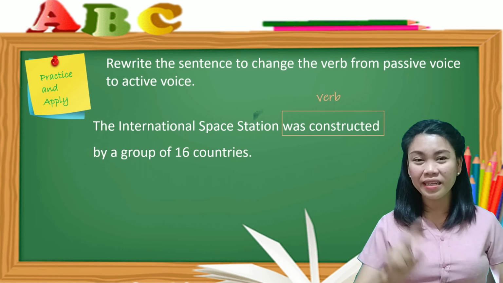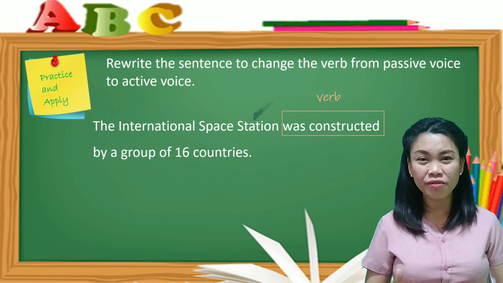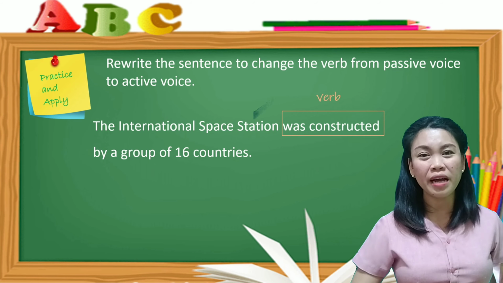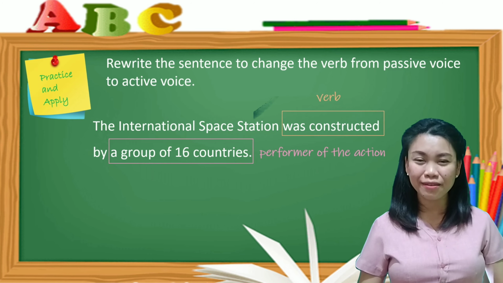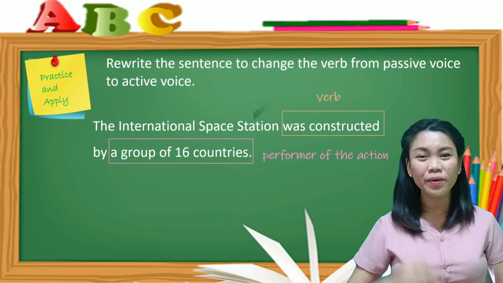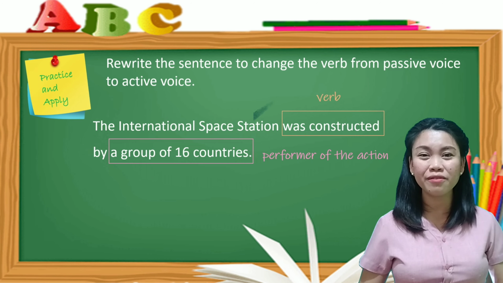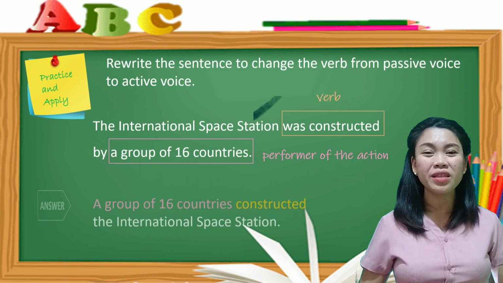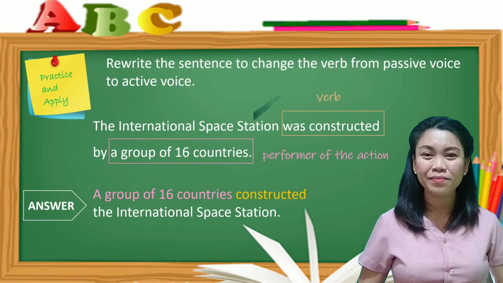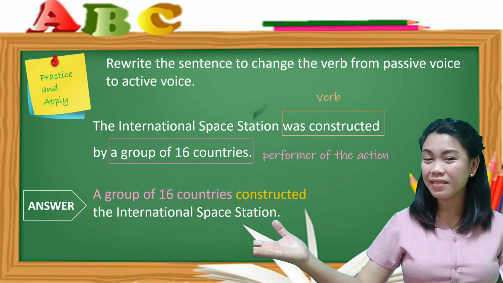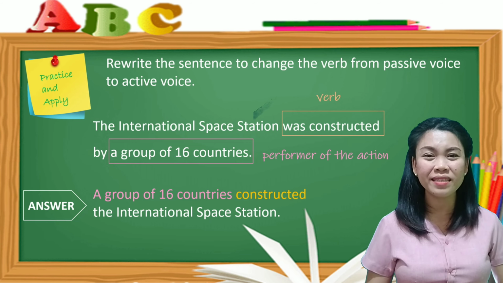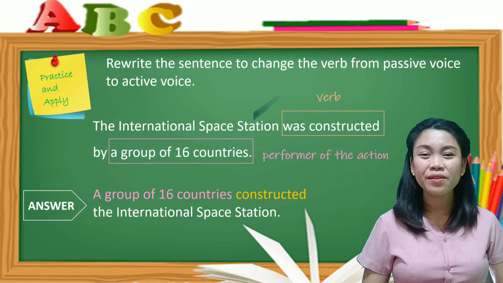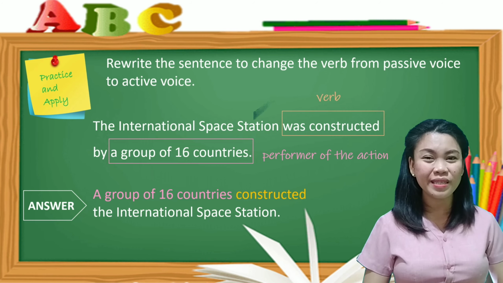The second one is to move the performer of the action before the verb and change the verb to active voice. And the third one is make sure that the verb agrees with our new subject. Now our answer is, a group of 16 countries constructed the International Space Station.